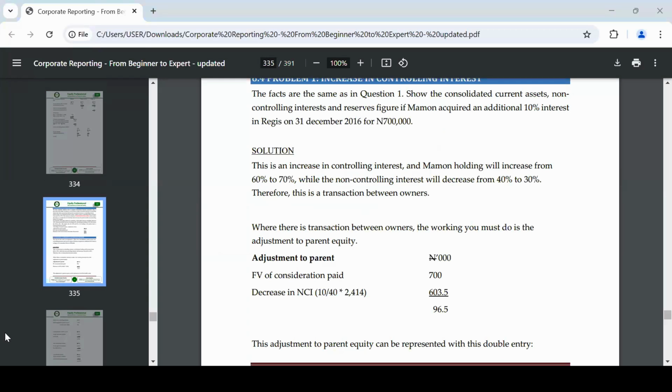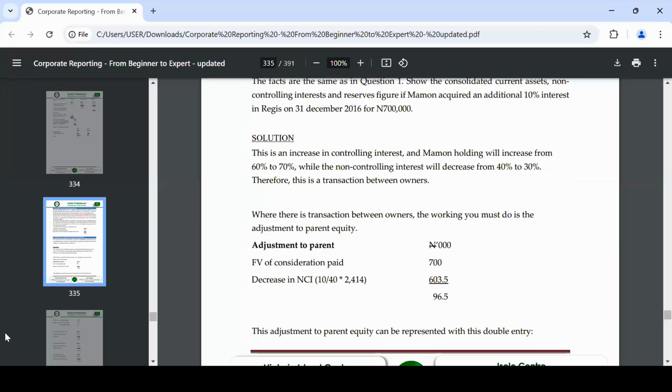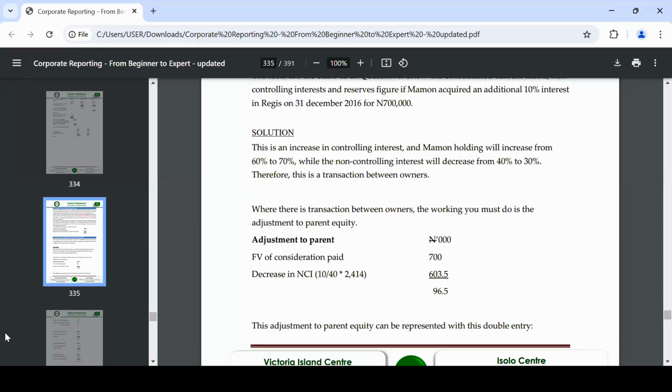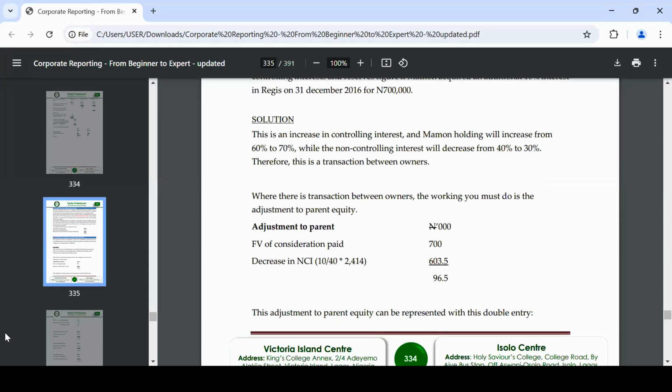All right. Okay. They paid 700,000 for 10%. Now, the implication of that is simple.